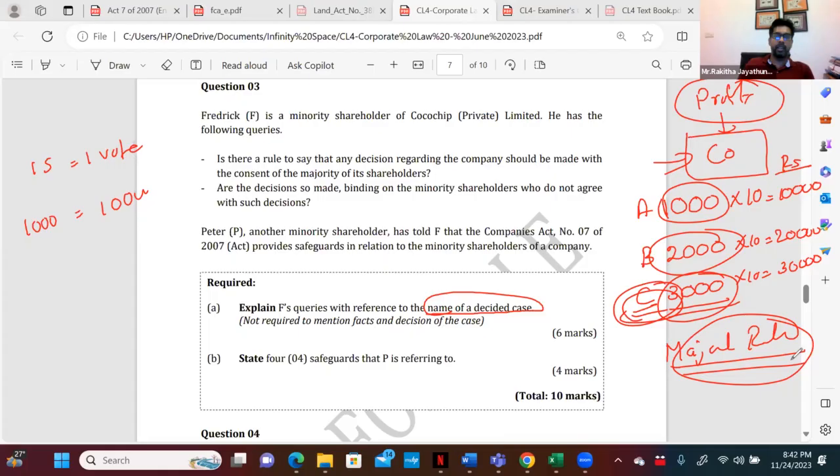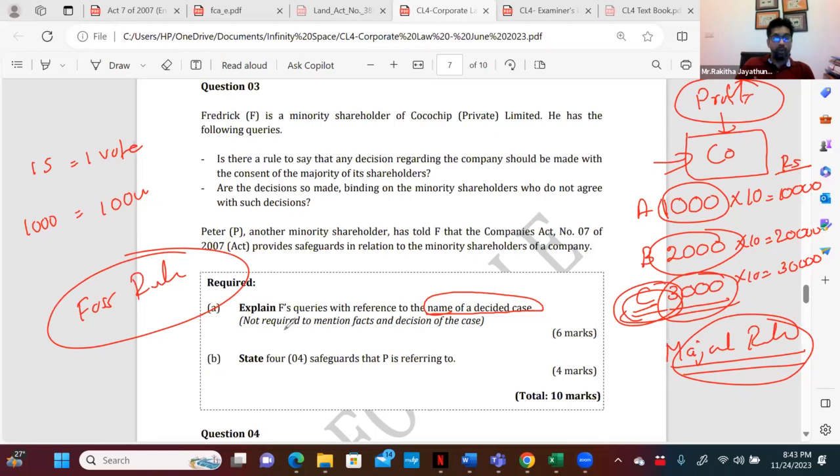The majority rule always goes with this famous case in the United Kingdom. What is that? Yes, Samira, you are right. Foss versus Harbottle. We call it the Foss rule.